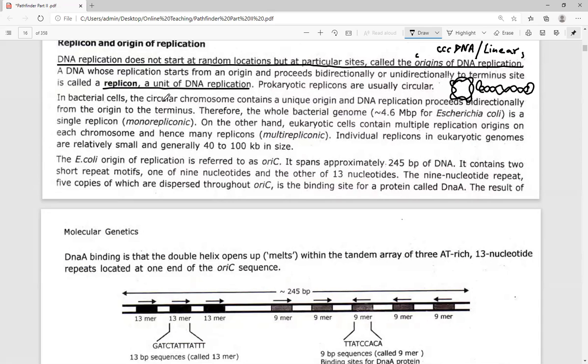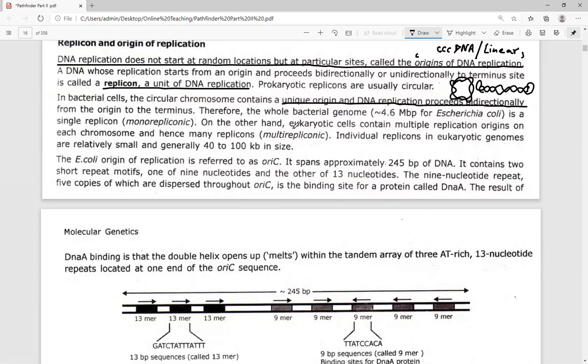In bacterial cells, the circular chromosomes contain a unique origin, and DNA replication proceeds bidirectionally from the origin to the terminus. In bacteria, there is a single origin of replication, referred to as a unique origin, and from it DNA replication proceeds bidirectionally.